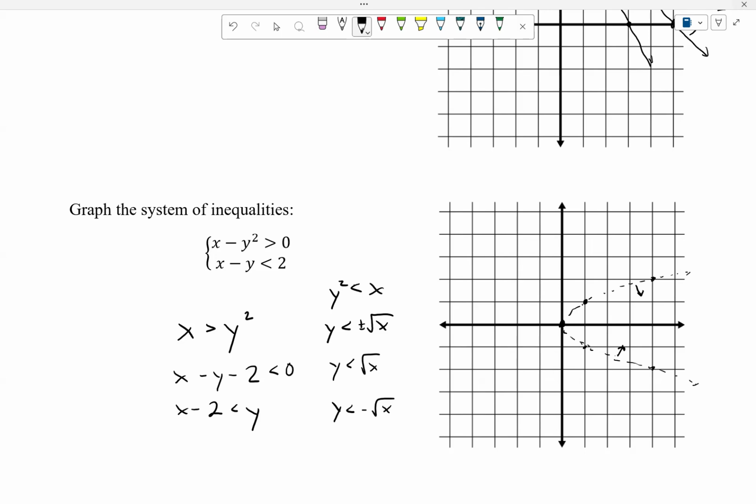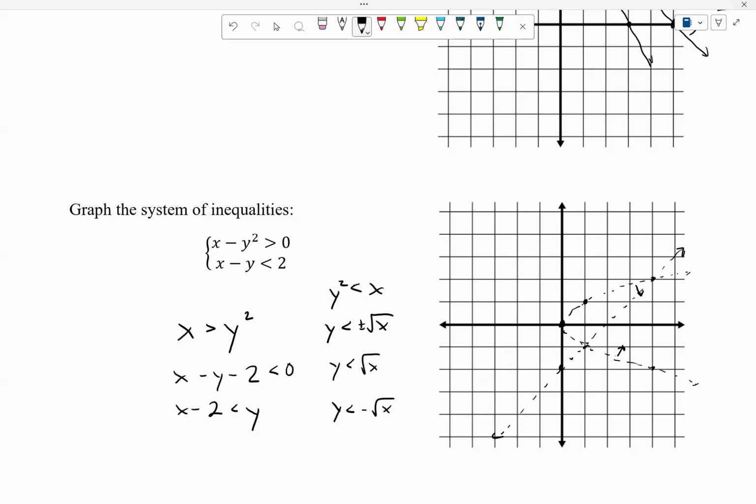And since y is greater than x minus 2, I guess what you did is use slope intercept form. So negative 2, we have that slope of 1. And this one is also dashed. And what is it, above? So you see what region?